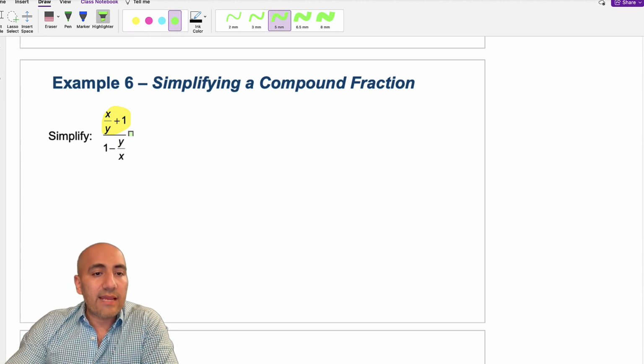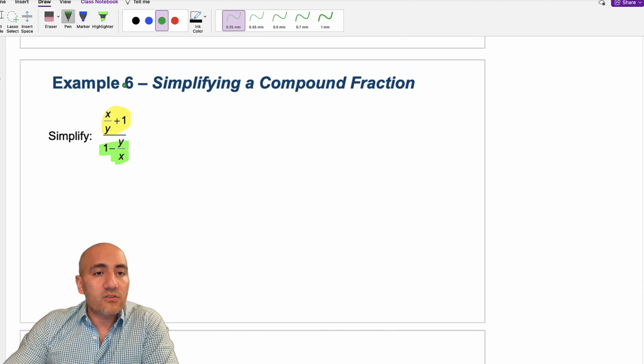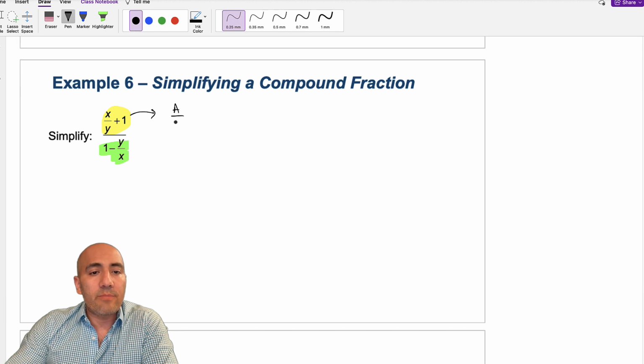Then kind of simultaneously, but separately, work on this denominator by itself. Do whatever you need to do to simplify, cancel, reduce, get to the point where we have a single fraction. So our goal is to rewrite this as some a over b, some fraction, divided by, and then write this as some other c over d fraction.